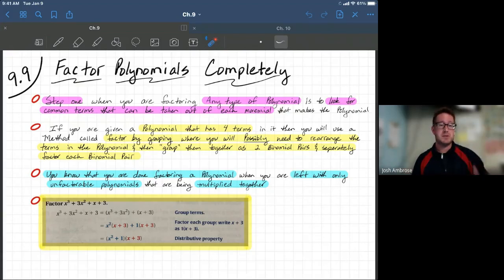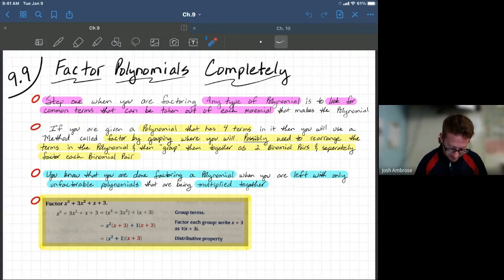But you stop when there is nothing left to factor out, in terms of there's no more common terms, you can't take anything else out, and you've already simplified it down, and you're just left with unfactorable polynomials that are going to be multiplied together. Okay, and you'll see what those look like. Nothing left in common, and you're going to have the binomial pairs in parentheses right next to each other.